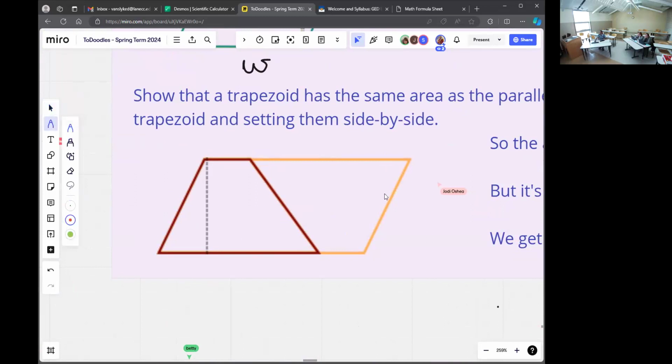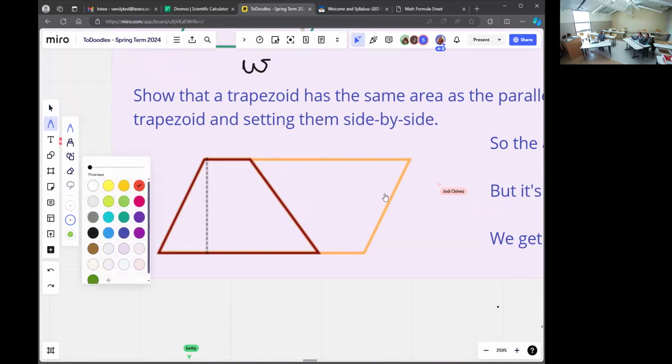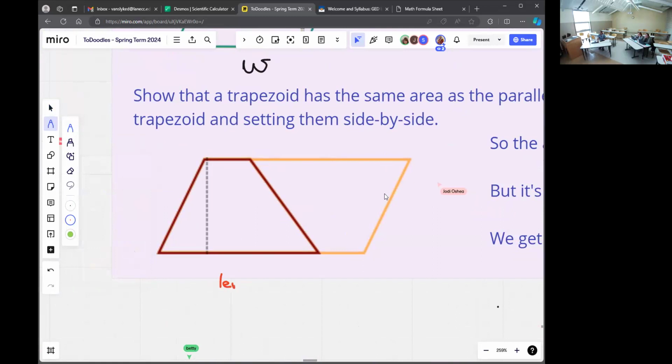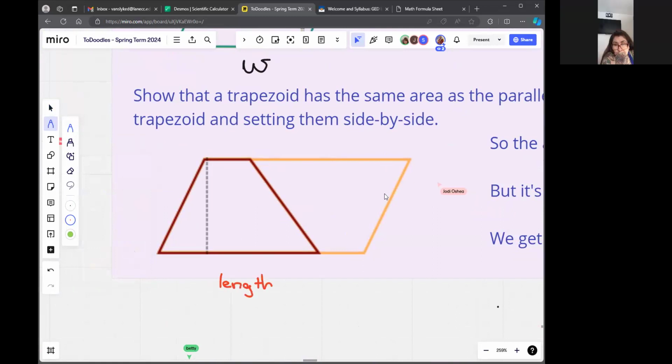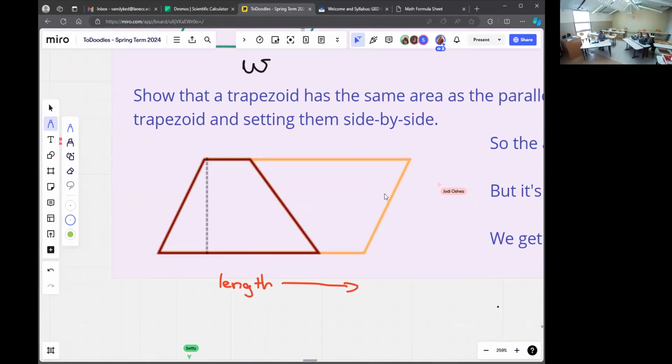I need the length all the way across the bottom, and I need the height. Again, because this parallelogram used to be a rectangle, if we took this part and moved it over here.